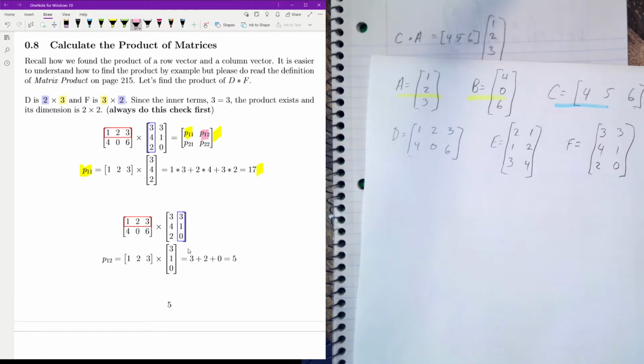And now we're going to take the result of the first row and the second column. So we have 1 times 3, 2 times 1, and 3 times 0. So 3 plus 2 plus 0, which is 5.